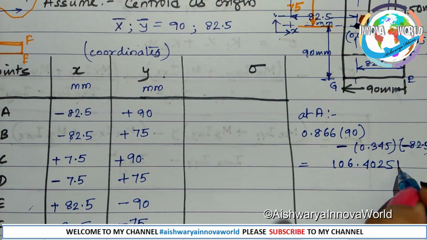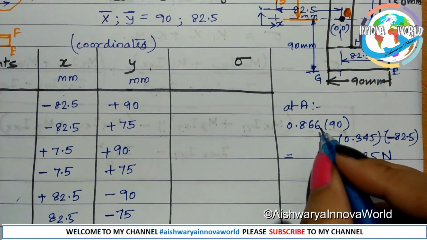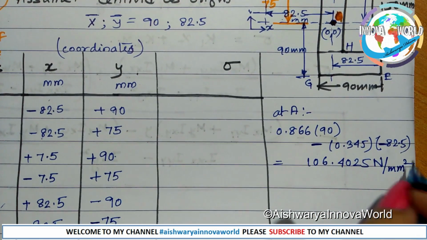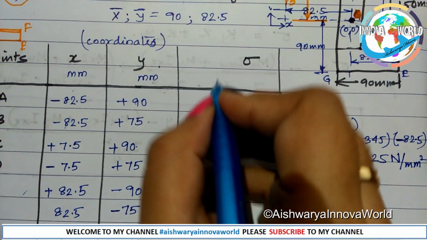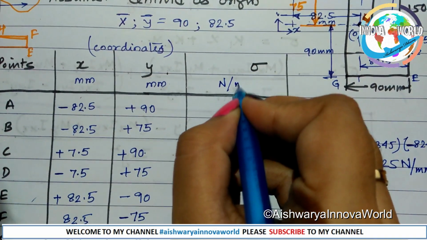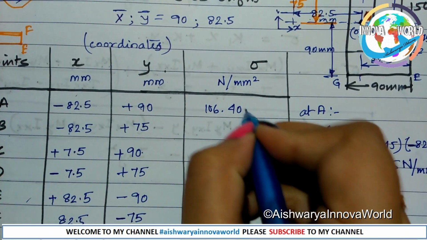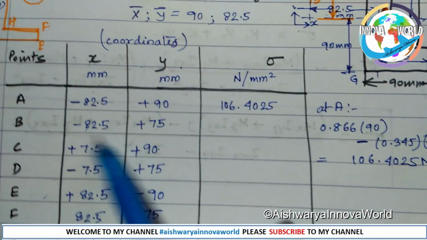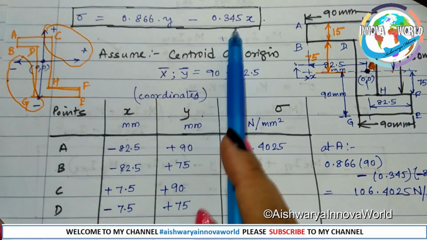You will get it. This is in unit. Don't forget what is the unit for sigma. Newton per mm square. You will get the unit in Newton per mm square. So you write it here, 106.4025.